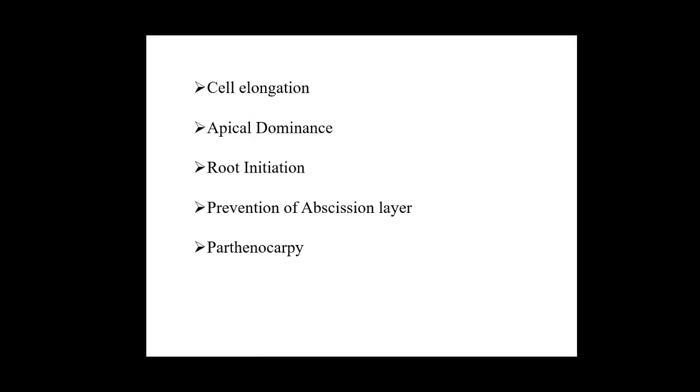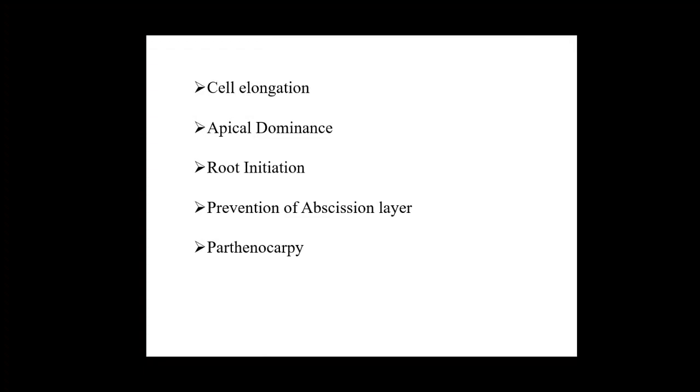Auxins induce enzymatic or non-enzymatic deformation or loosening of the cell wall by breaking the cross links between the cell wall components, which results in increased plasticity with decreased elasticity of the cell wall.